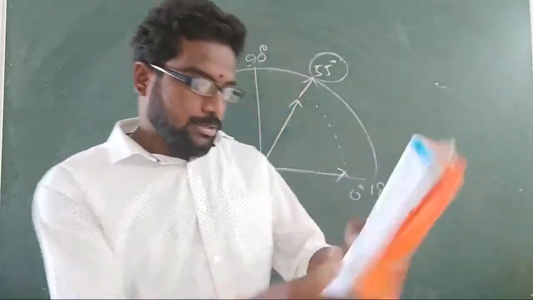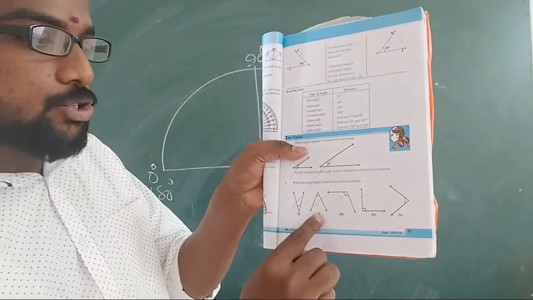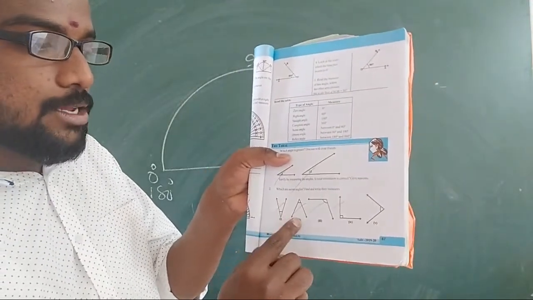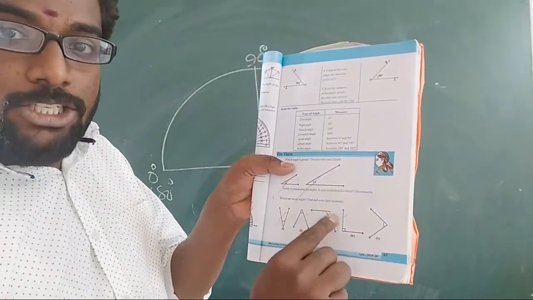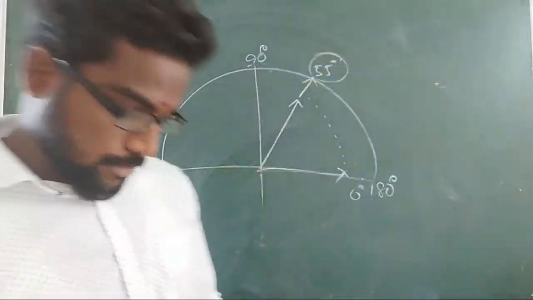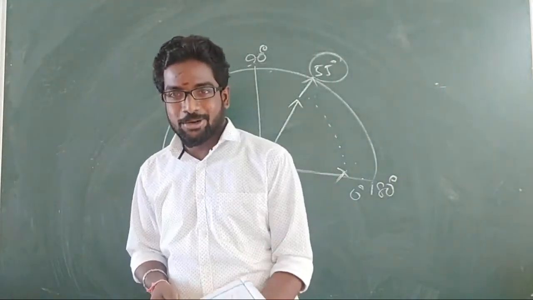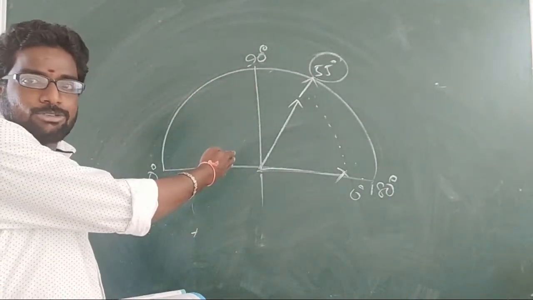The first one will be an acute angle because it is less than 90 degrees. Second also acute. Third one obtuse because it is more than 90 degrees. Fourth one exactly 90 degrees. Fifth one you have to write, just by measuring.